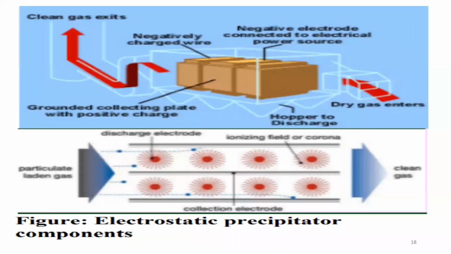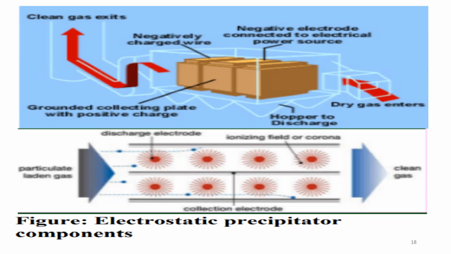Then this is another equipment, the electrostatic precipitator. In this electrostatic precipitator, the dry gas enters the precipitator, and the name itself clearly indicates that electrostatic forces are used. There are positive and negative electrodes, and with the help of these electrostatic characteristics, we can separate out the positive and negative parts.